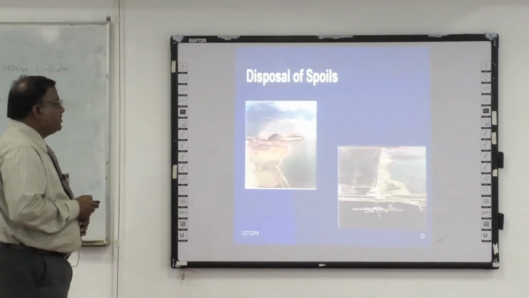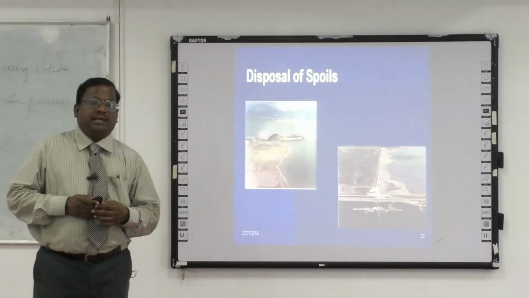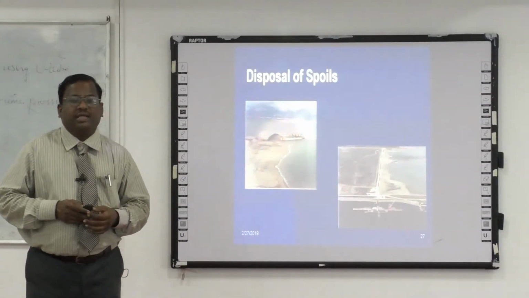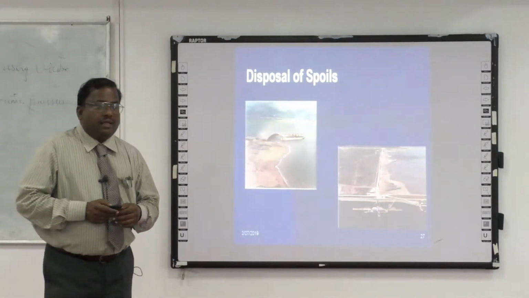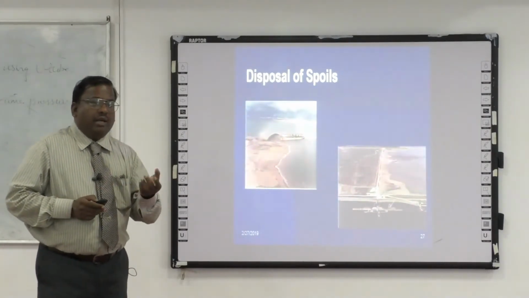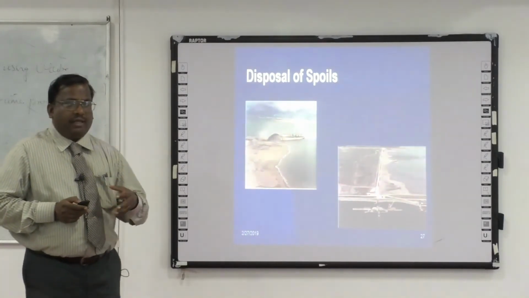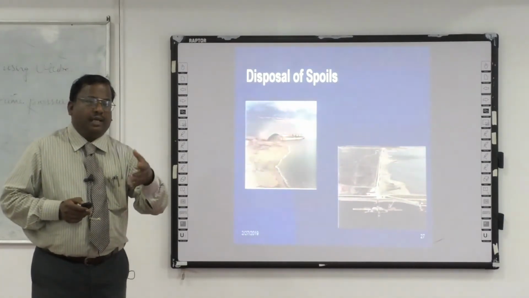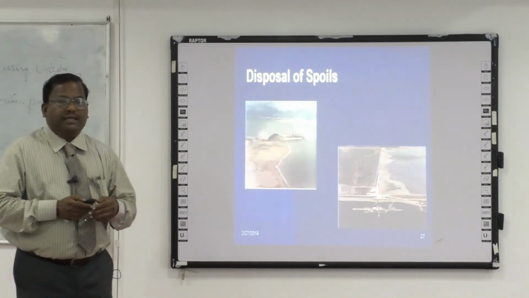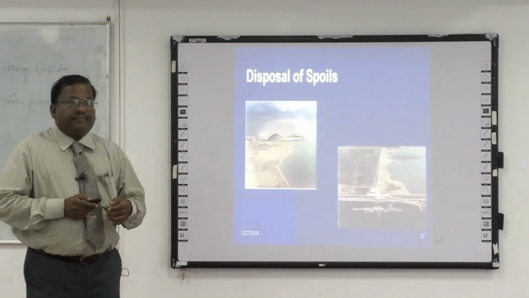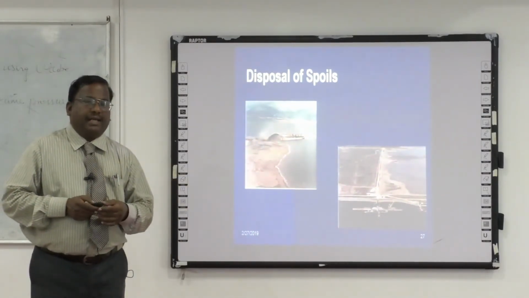The disposal of spoil. The disposal of dredged material is another important point which we have to consider in the dredging process. This is because the dredged material can have an adverse effect on the environment. For example, if we dispose of the dredged material on the ocean surface, the nearby fauna and flora should not get disturbed, because the fauna and flora are in the benthic layer.